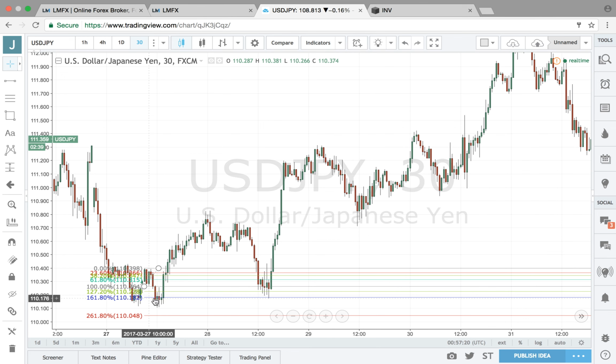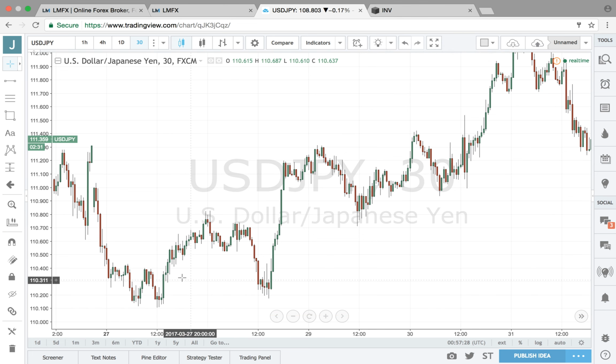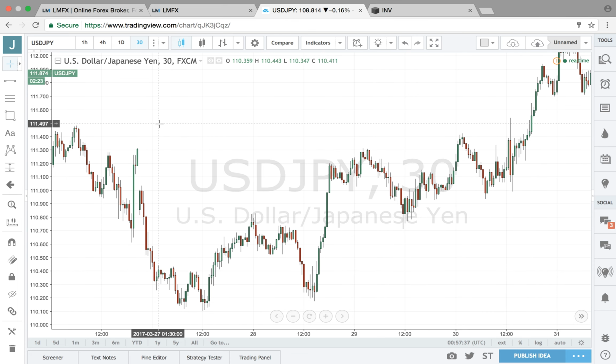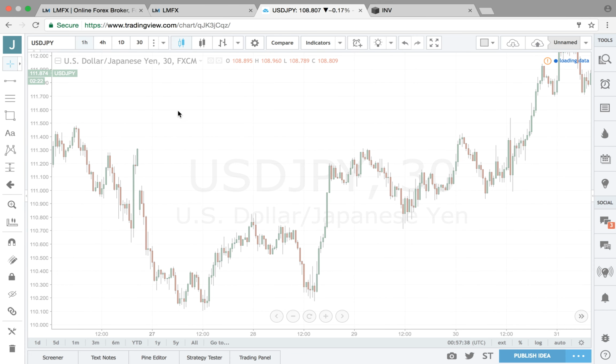So that was the 161.8 that was respected. Especially since you see those wicks, you'll know that that's an entry. But you'll see that on lower time frames, it'll actually be respecting an extension level. Then on the hour, whenever it's just doing a double bottom or a double top, that's just something to remember.